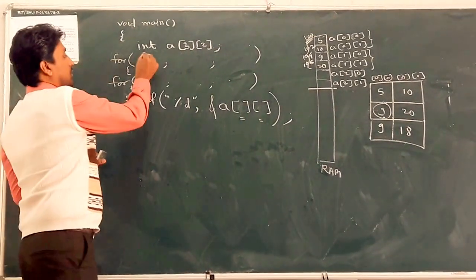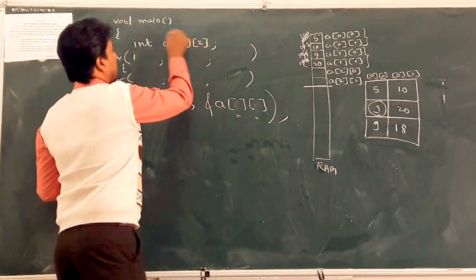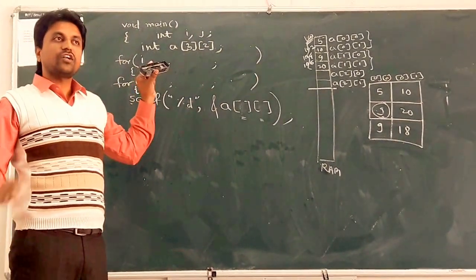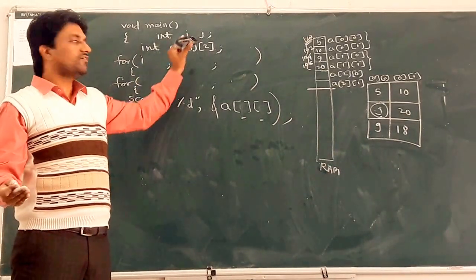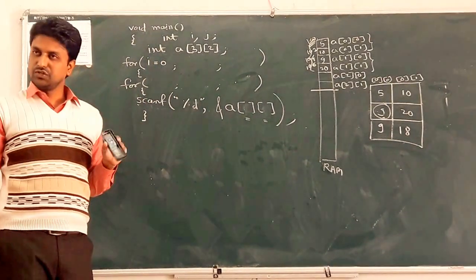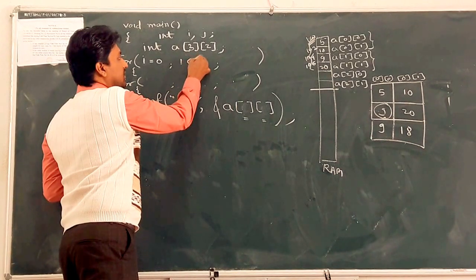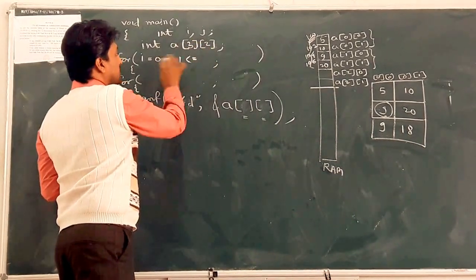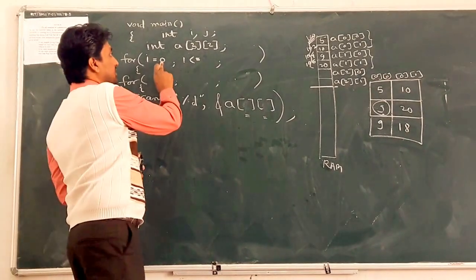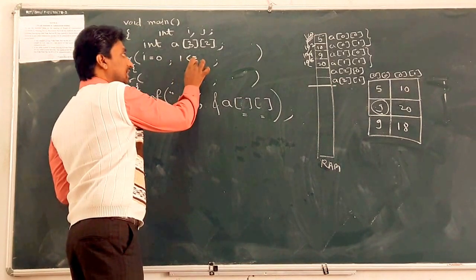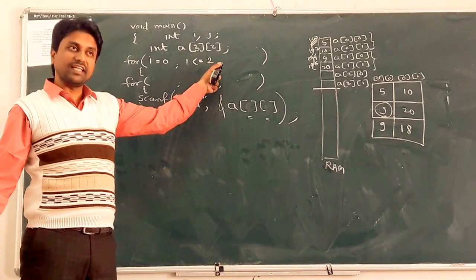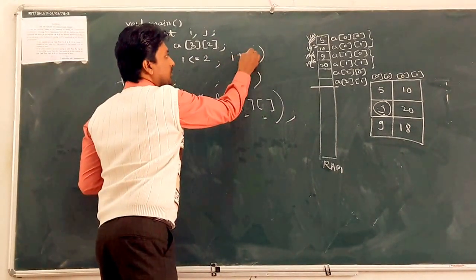Suppose I take integer variables i and j: i for the number of rows and j for the number of columns. Start by initializing; the index is always 0. Then i less than or equal to the number of rows. How many rows? 3. But the index starts from 0, so i less than or equal to 2. If there is no equal to, then you can write 3. Then i plus plus.